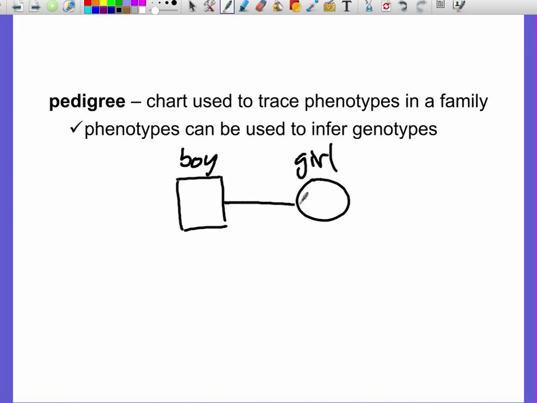And any line connecting a boy and a girl means that they are a mating couple. And anything connected from that line would be their offspring. Right? There are multiple generations. You'll see one here in a second. But remember, square is a boy, circle is a girl.